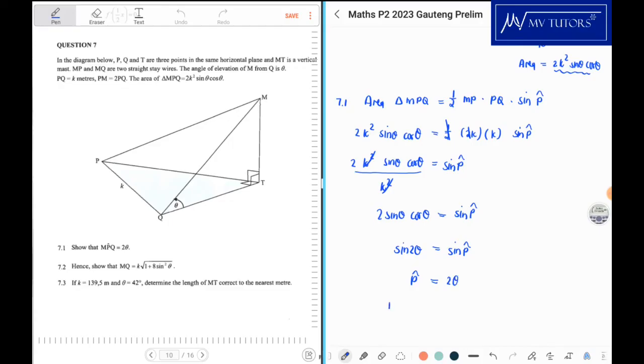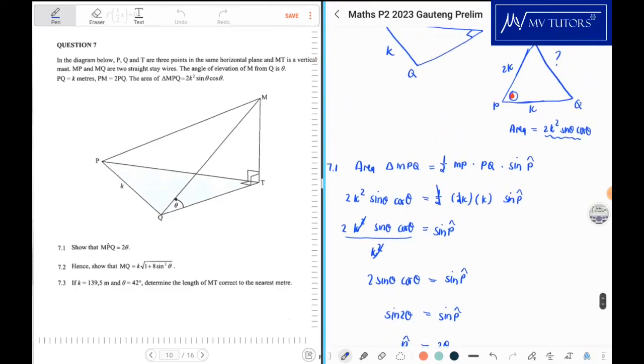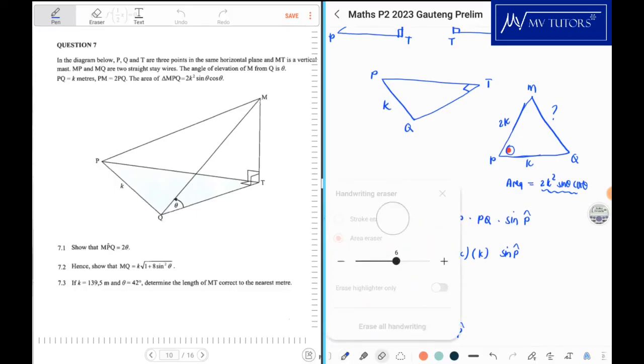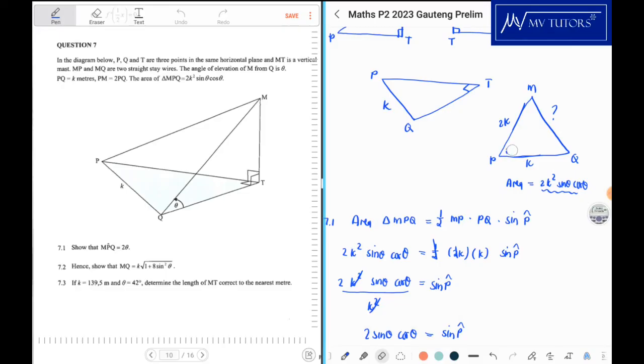And let's just write it the way they wanted us to write it. So MPQ is equal to 2 theta. Awesome. And we can also put it there for ourselves so that we know in the future that, by the way, this is 2 theta.